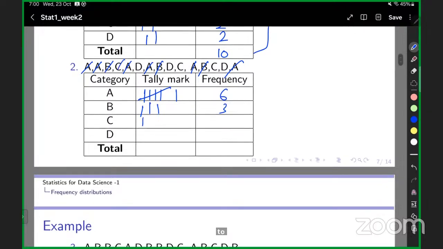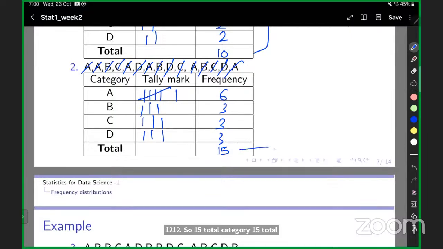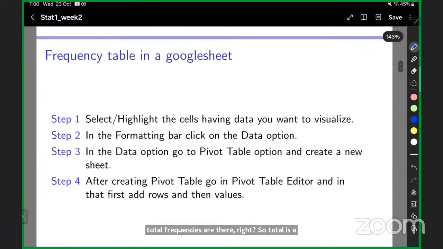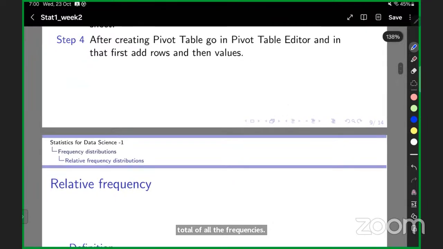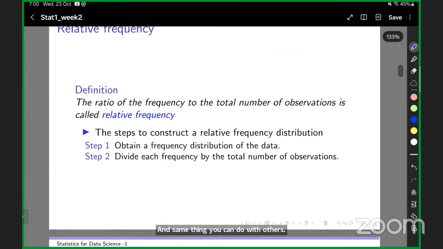Same thing with C: 1, 2, 3. Same thing with D: 3, right? Now we have 6 plus 3 is 9, plus 3 is 12, plus 3 is 15. So the total of all the frequencies is 15. Same thing you can do for others, and you can of course use Google Sheets for that.